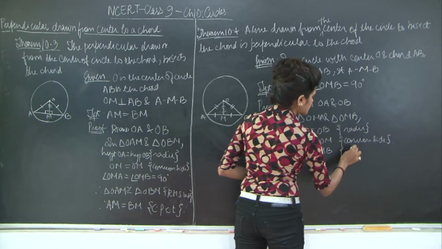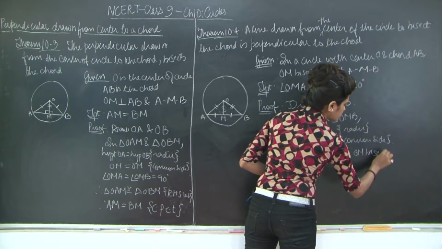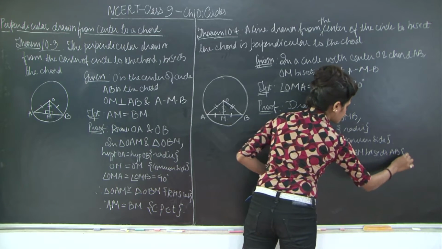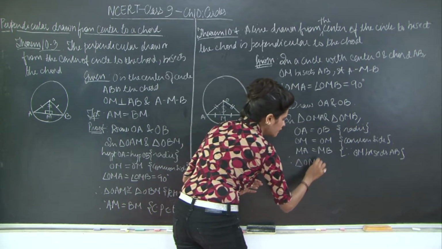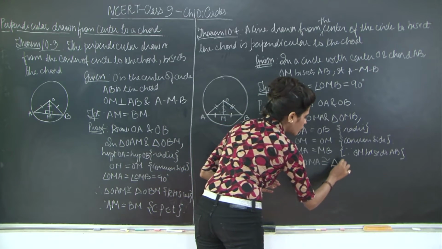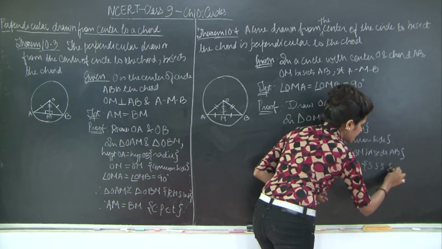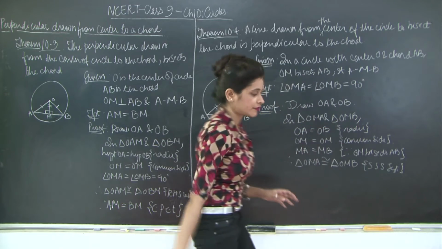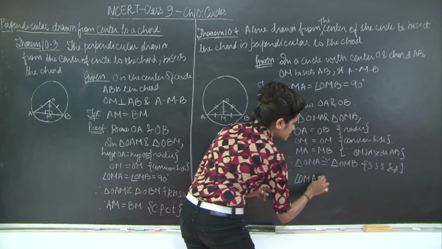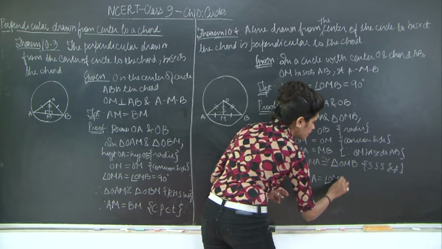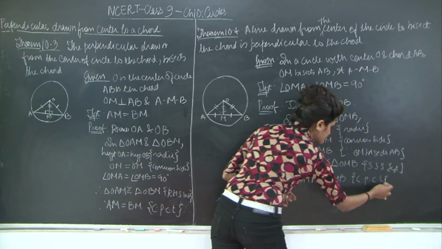Why? Since OM bisects AB. Therefore, triangle OMA is congruent to triangle OMB by the SSS test of congruence. Therefore, angle OMA is equal to angle OMB by corresponding parts of congruent triangles, or CPCT.